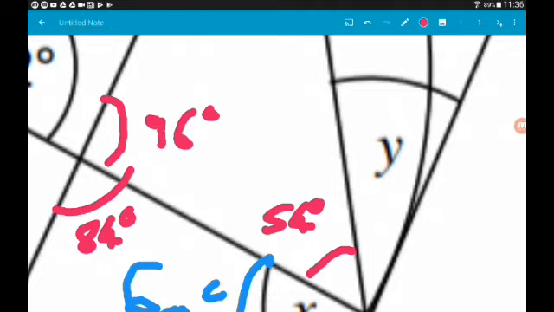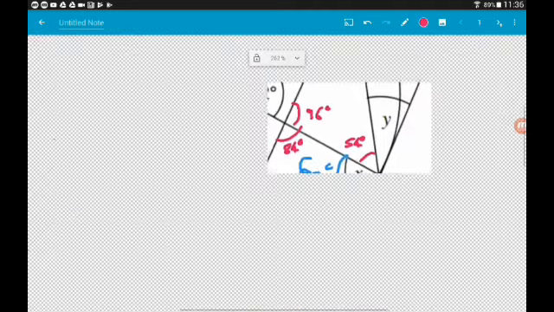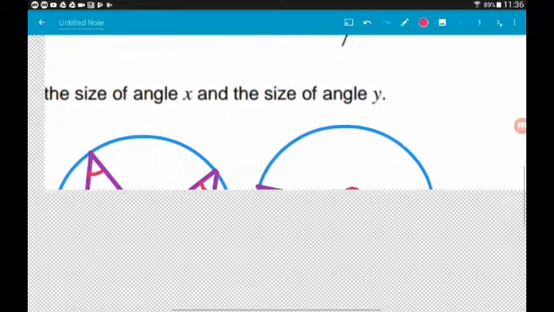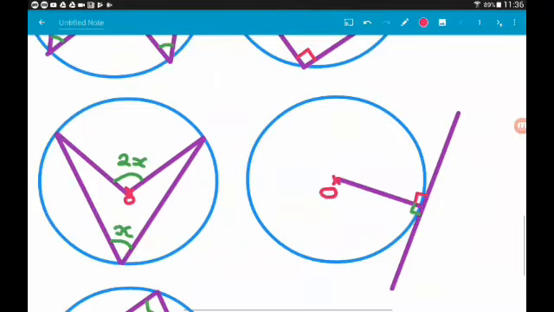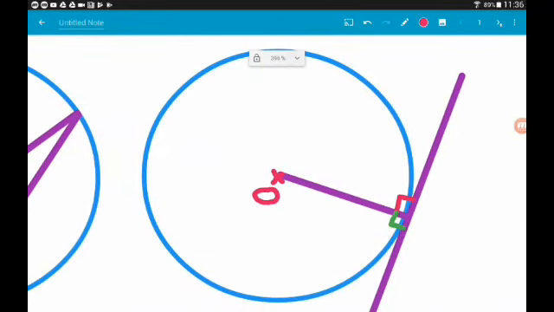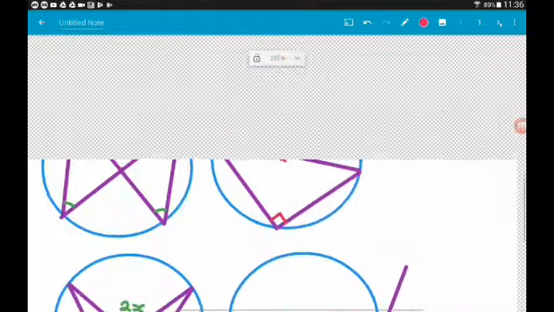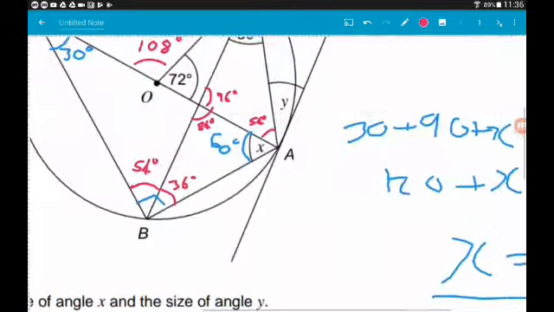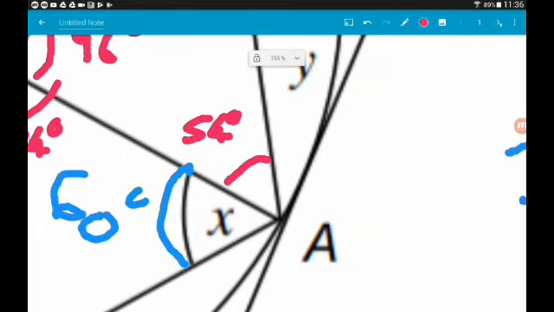Okay, now there's one last theorem that we need to get y. And that is that a radius meets a tangent at 90 degrees. So, here we know this whole angle is 90 degrees.